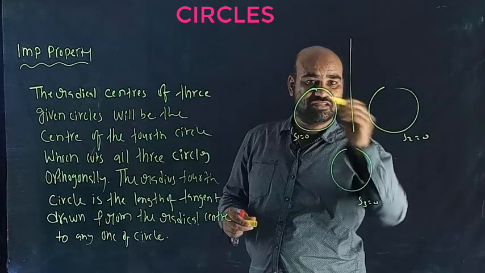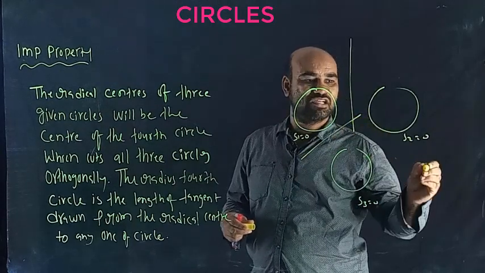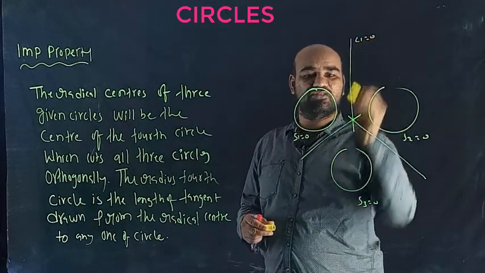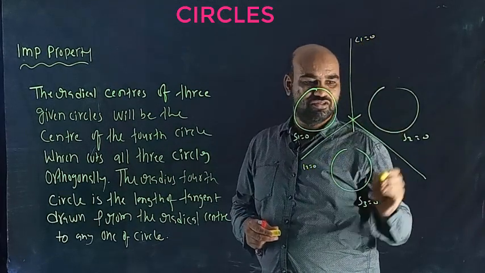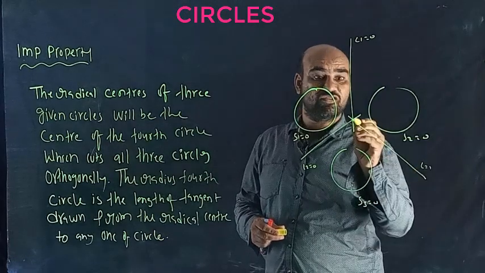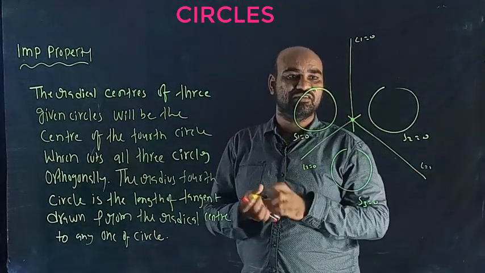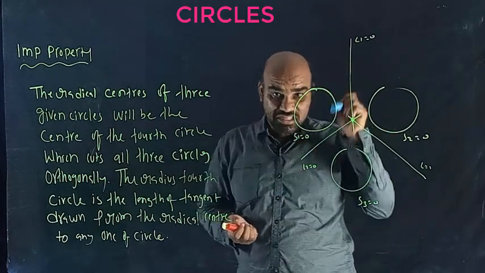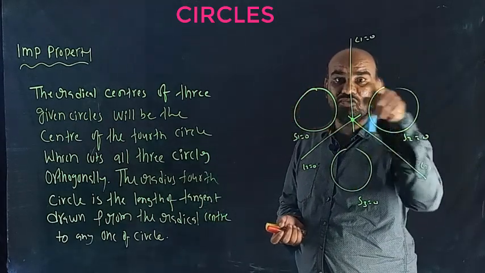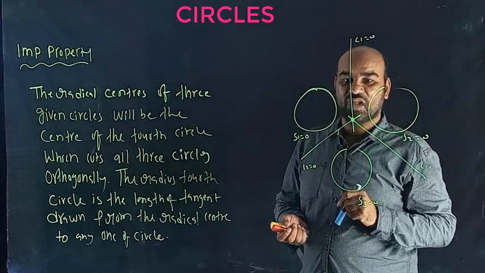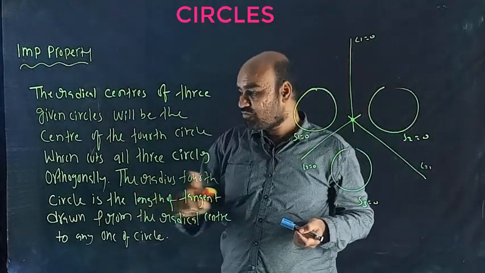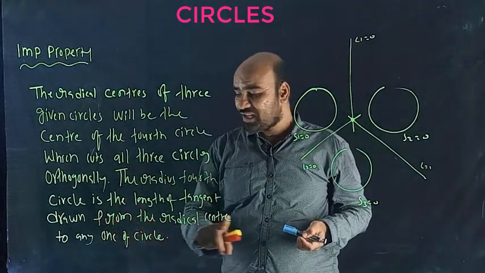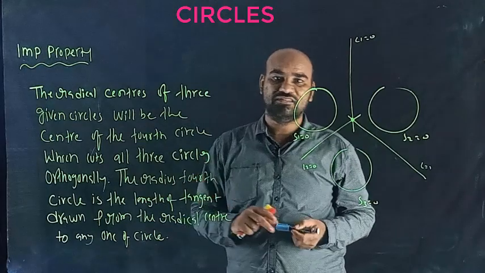This is the radical axis of these two, this is the radical axis of these two, and this is the radical axis of these two, L1 equal to 0, L2 equal to 0 and L3 equal to 0. So this property says that this point is the center for another circle. The circle is orthogonal to these three, and the radius of the fourth circle is the length of the tangent drawn from the radical center to any one of the circles.